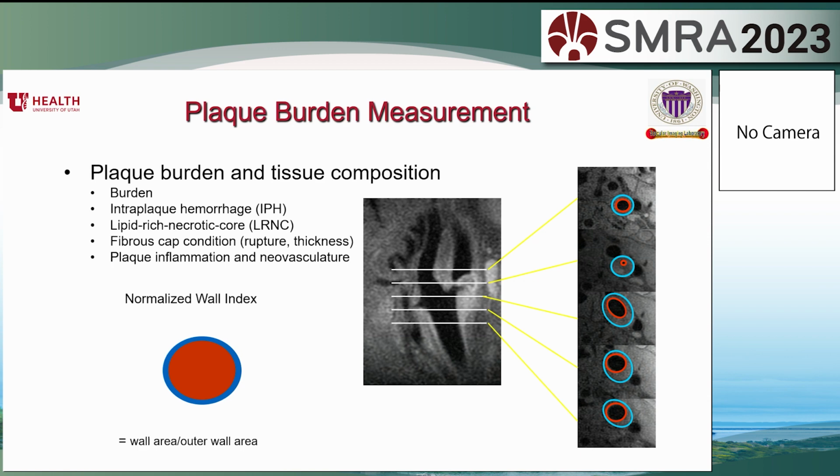It's simply an estimate based on wall area and outer wall area. It's called the normalized wall index.